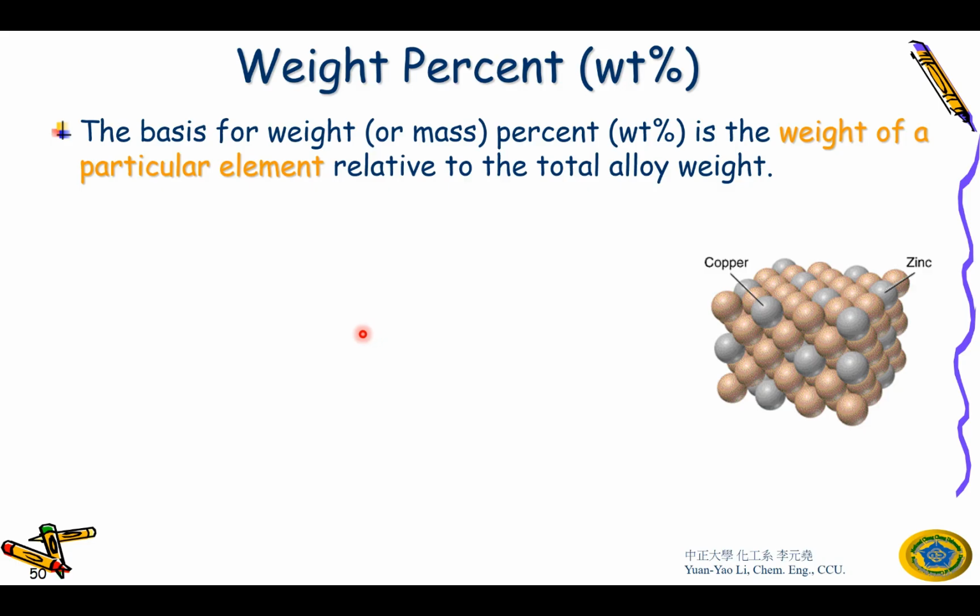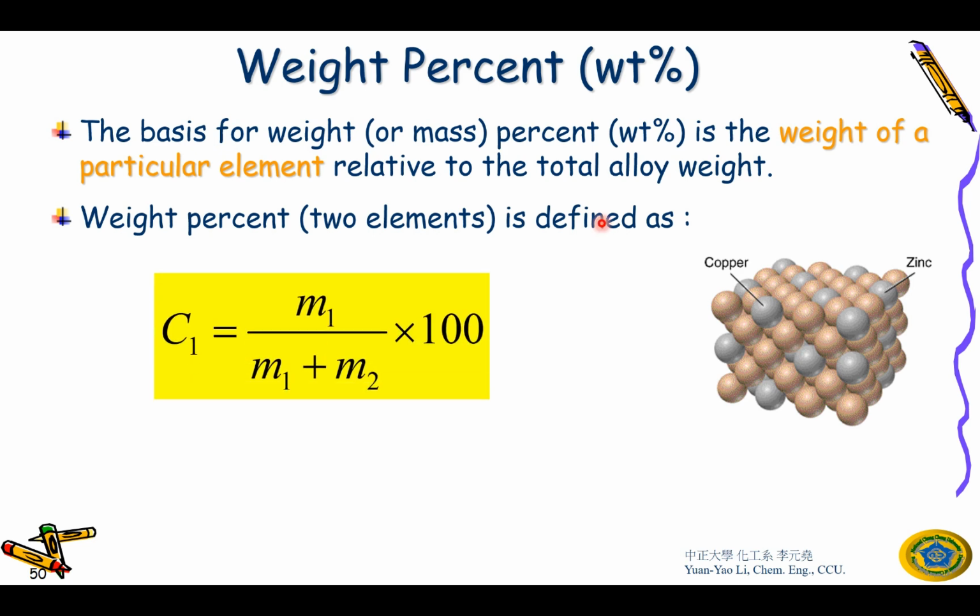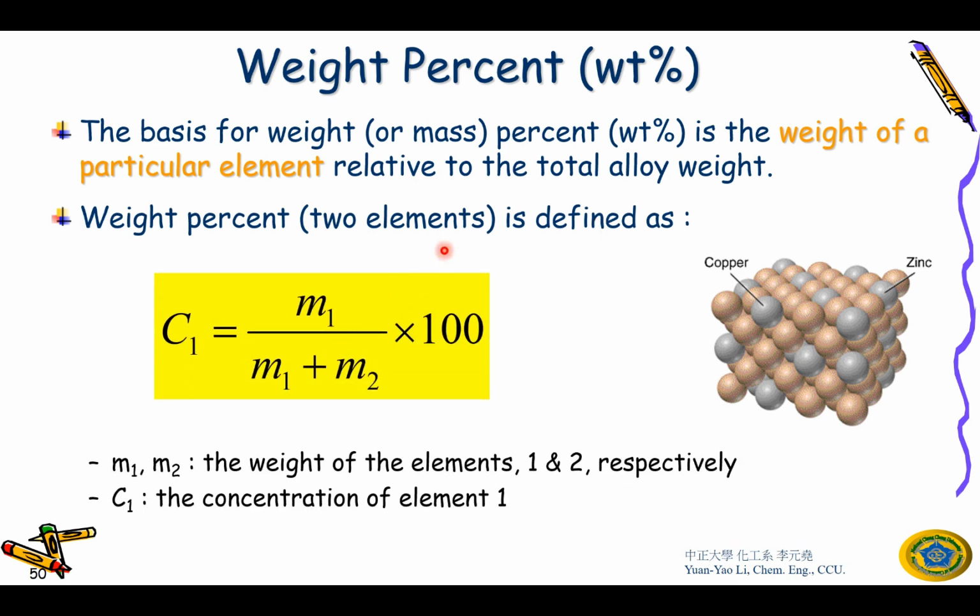The basis of the weight percent, or mass percent, is the weight of the particular element relative to the total alloy weight. That's easy, right? I'm sure you learned this before in junior high school. The weight percent is defined as follows: the composition is M1 divided by M1 plus M2, where M is the weight of the element.